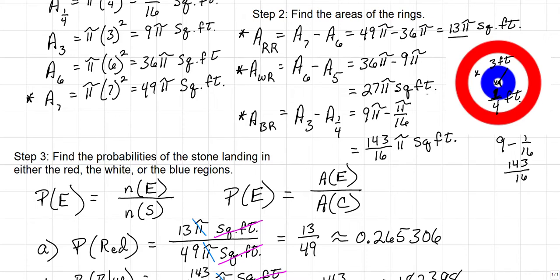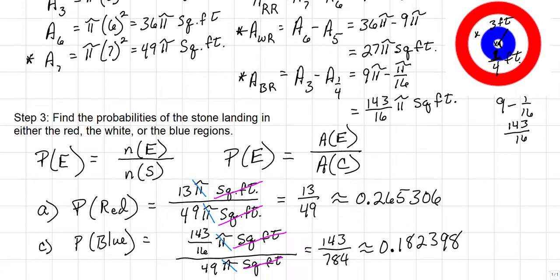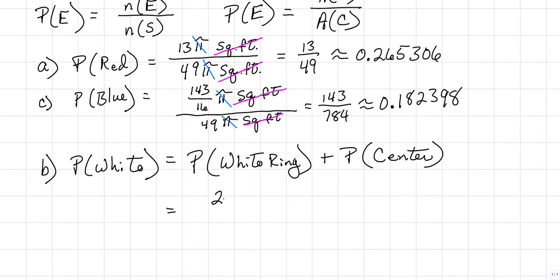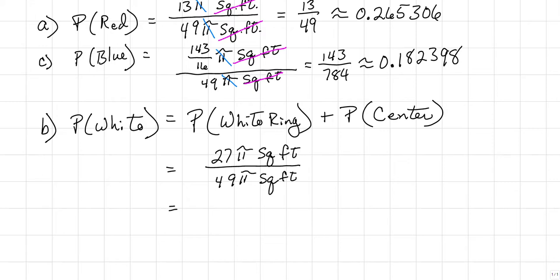And that's going to be 27 pi square feet, over the total area of the circle, which is 49 pi square feet. So we'll go ahead and do our simplifications here. The units divide out. Pi divides out, and we'll be left with 27 over 49.